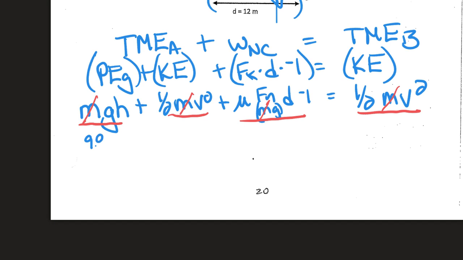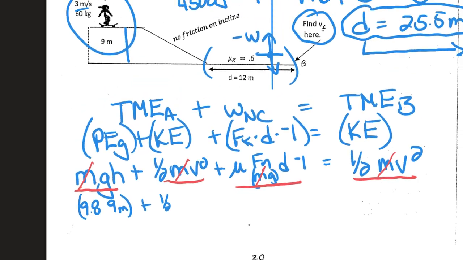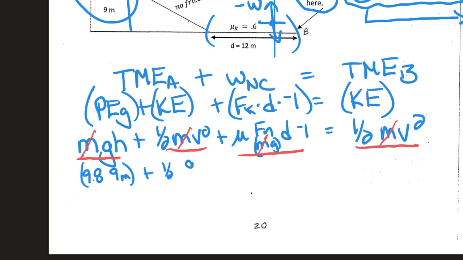We've got 9.8 times a height of 9 meters, plus 1/2 times the velocity squared. That's 9 meters per second quantity squared. Plus mu, 0.6. M is gone, times g, which is 9.8, times a distance of 12 meters, times -1, equals 1/2 of v squared.